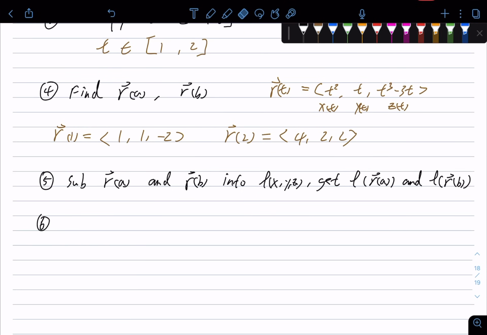Anyway, step 6, the final step, is going to take advantage of the fundamental theorem of line integrals, which is defined as such: equals psi of r(b) minus psi of r(a).